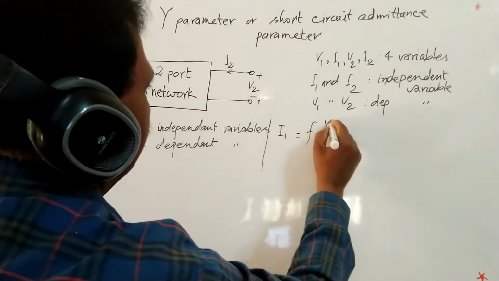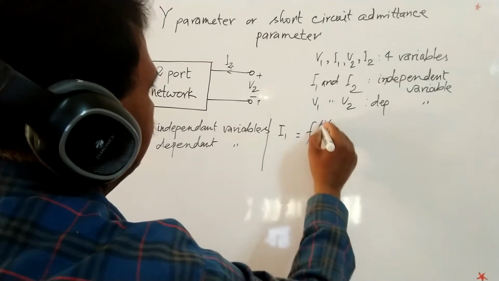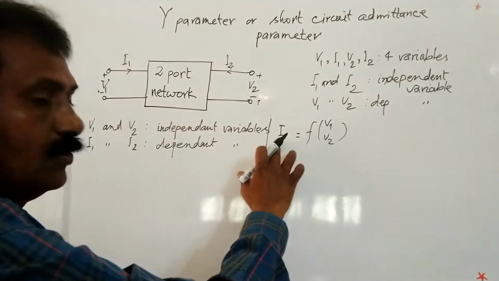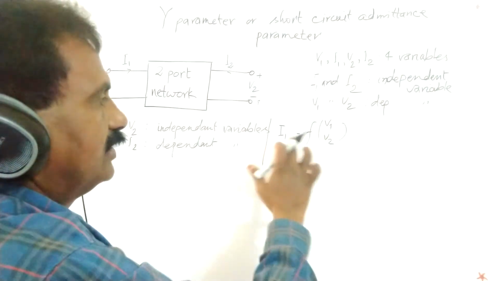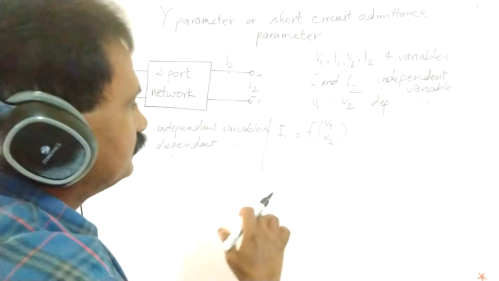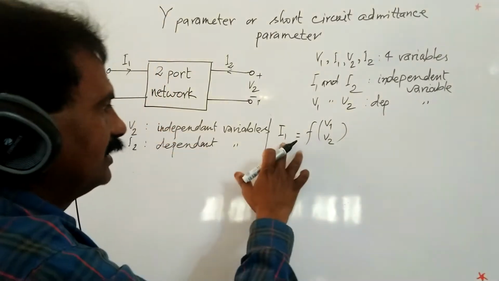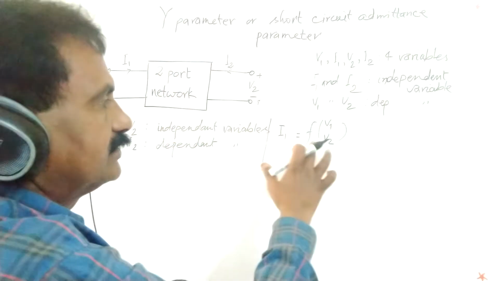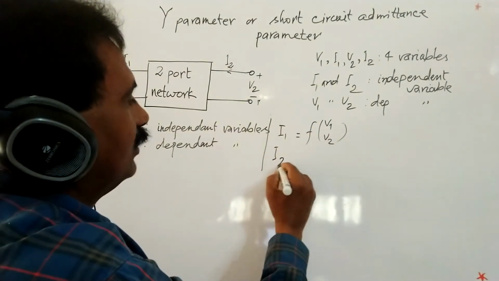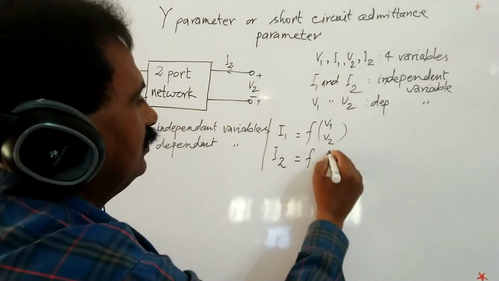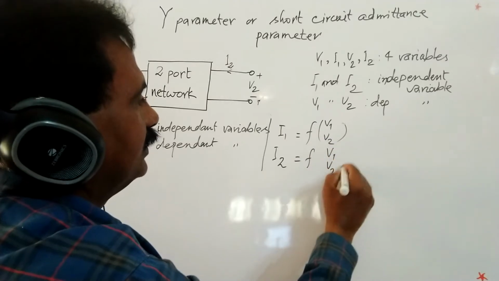of V1 and V2. The value of I1 will depend on V1 and also on V2, both. Therefore we can say that I1 is a function of V1 and V2. Similarly, the value of I2 will also depend on the values of V1 and V2.